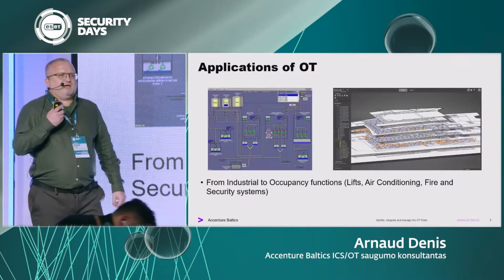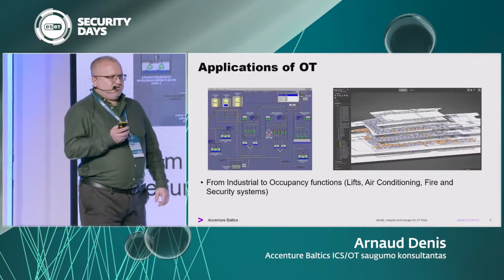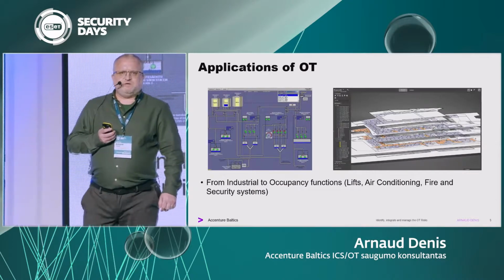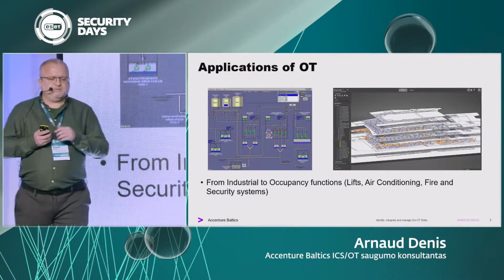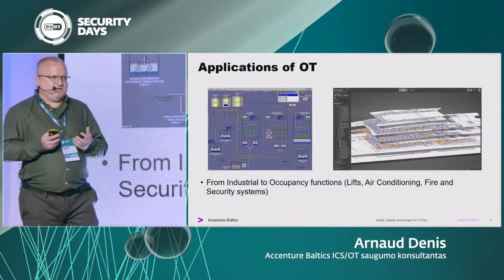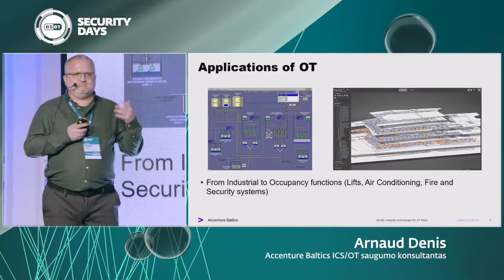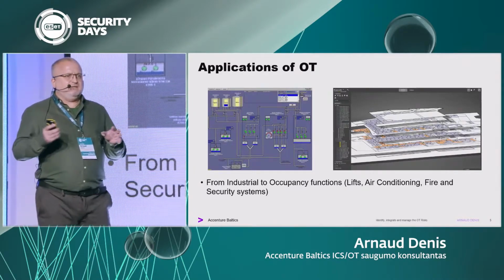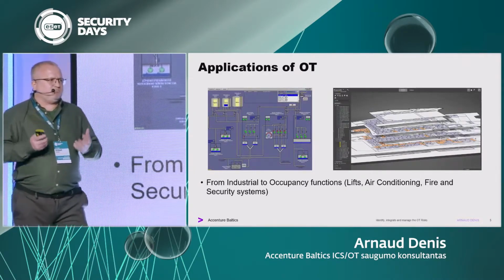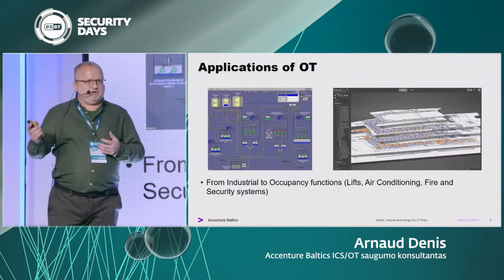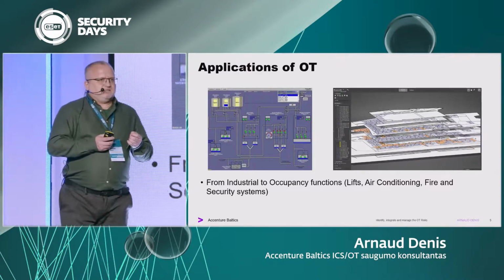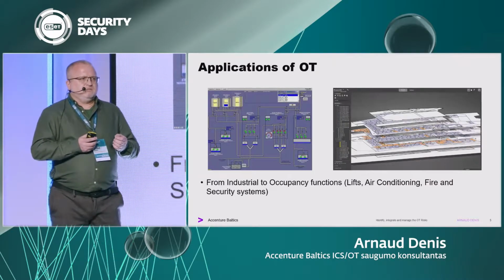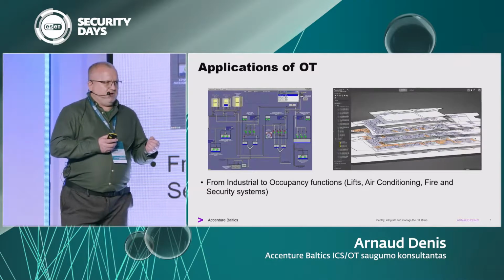If we look at the applications of operational technology in our life, it used to be what you're seeing on this side of the screen. It used to be this industrial thing: tanks, valves, PLCs, all industrial, when you produce a product or generate electricity. Now, for quite a few years, you've got occupancy functions coming up.